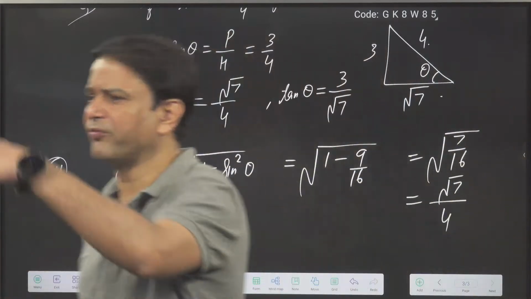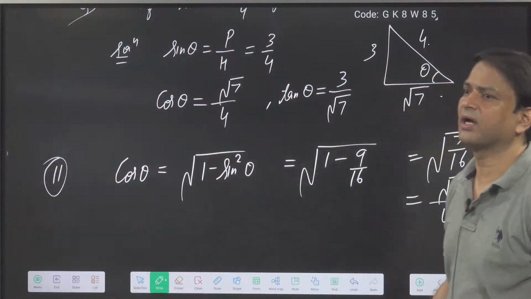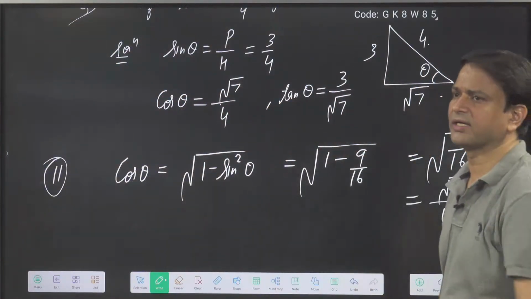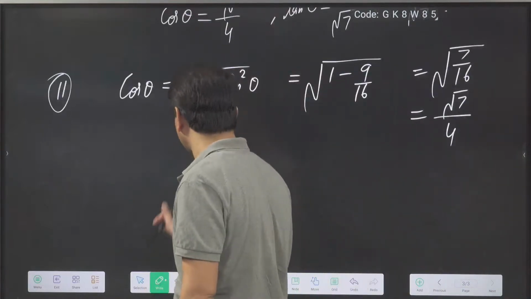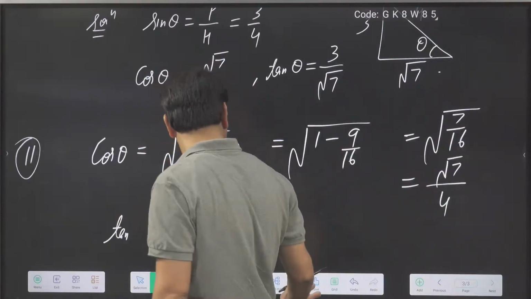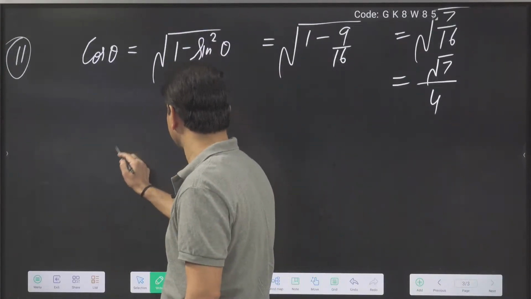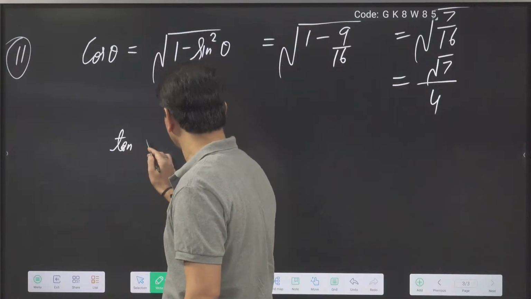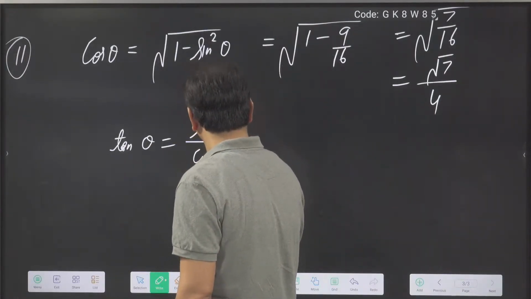This method I prefer more because this way you can easily get the cos theta from the sine theta. And if tan theta is required, then you can do sine theta upon cos theta. Tan theta is sine theta by cos theta.